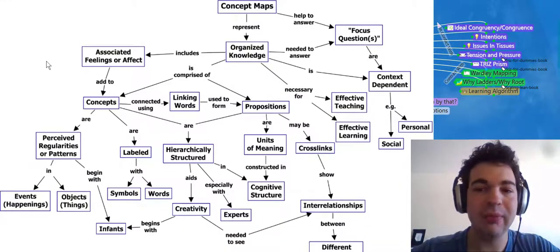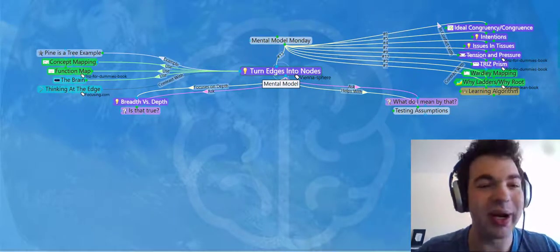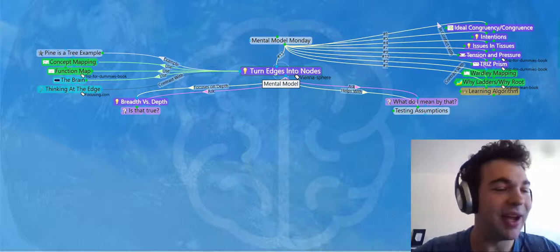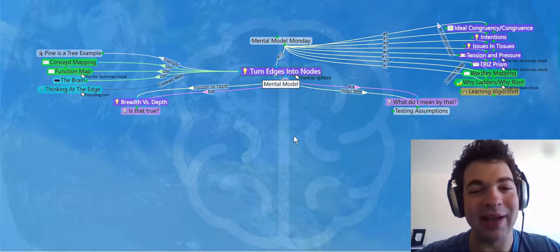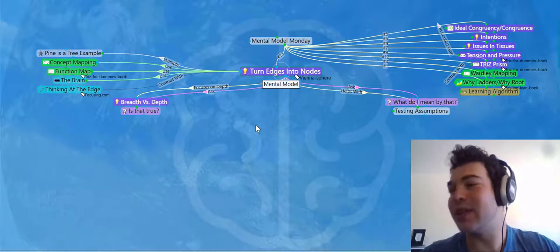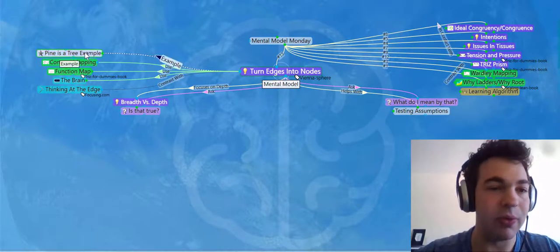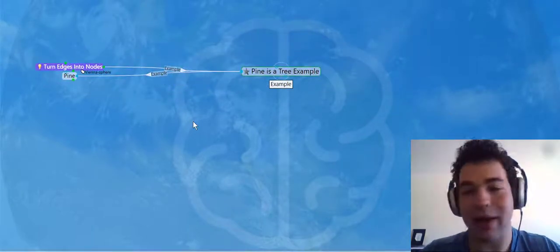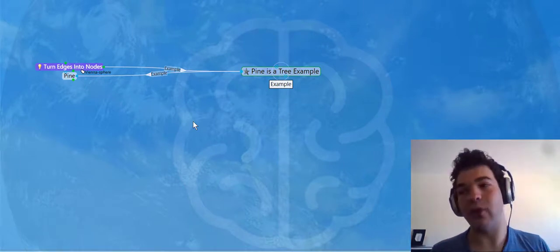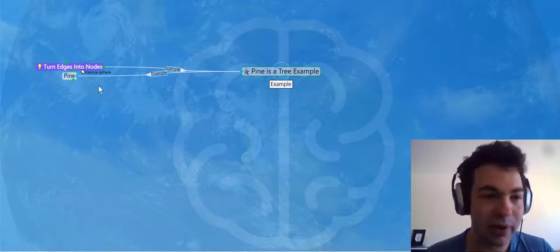So let me give you an example. And this was the example that I sort of worked through when I was first learning this concept and trying to understand what it really meant, and it was in this chat, and so we were talking about this edges to nodes concept, and somebody said, let's give an example, and this is what we used. So the example knowledge graph or concept map that I'm going to use is pine is a tree.